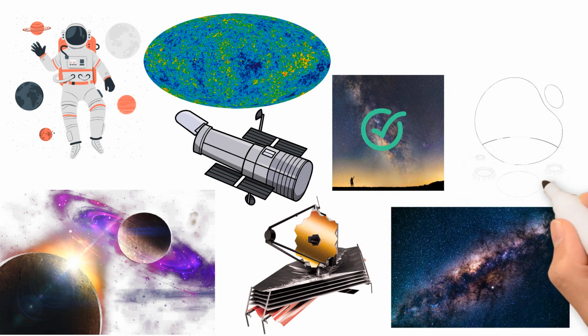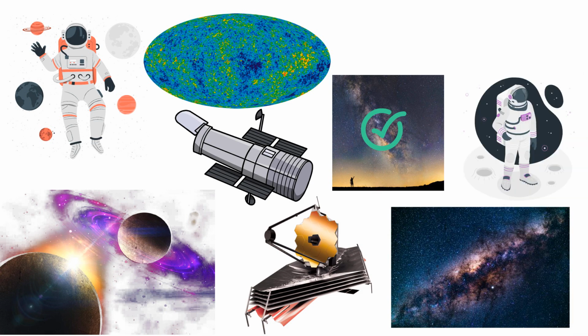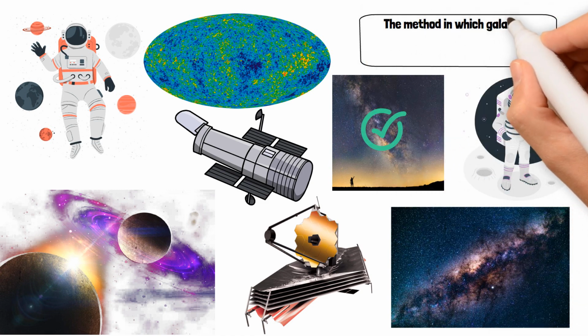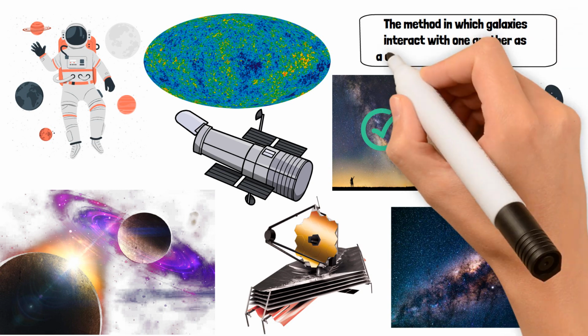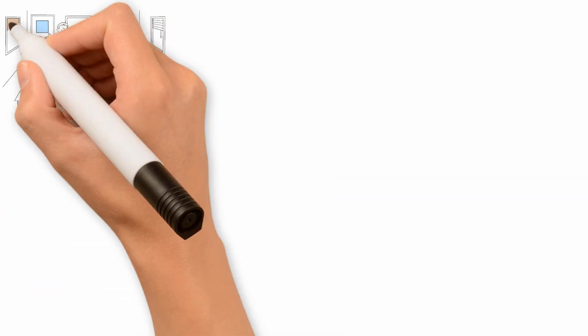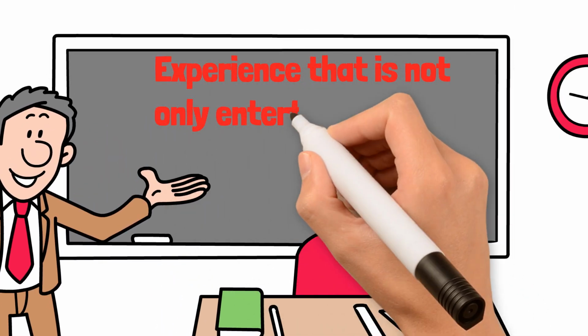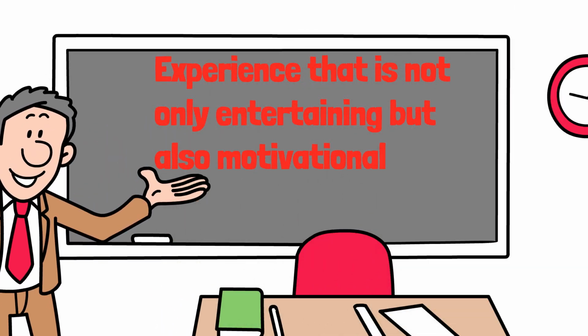Scientists are able to gather knowledge regarding the origin of galaxies, the evolution of galaxies, and the method in which galaxies interact with one another as a consequence of their research. Educating youngsters about the Milky Way and other galaxies may be an experience that is not only entertaining, but also motivational.